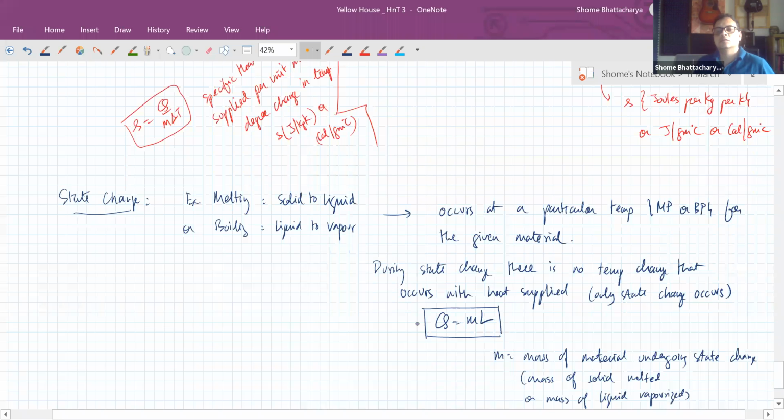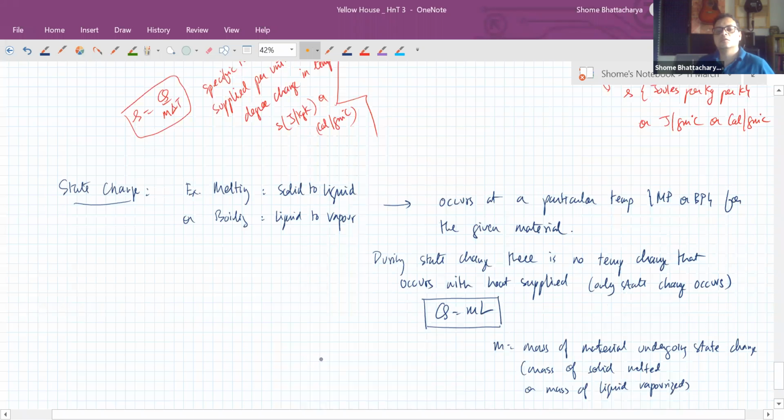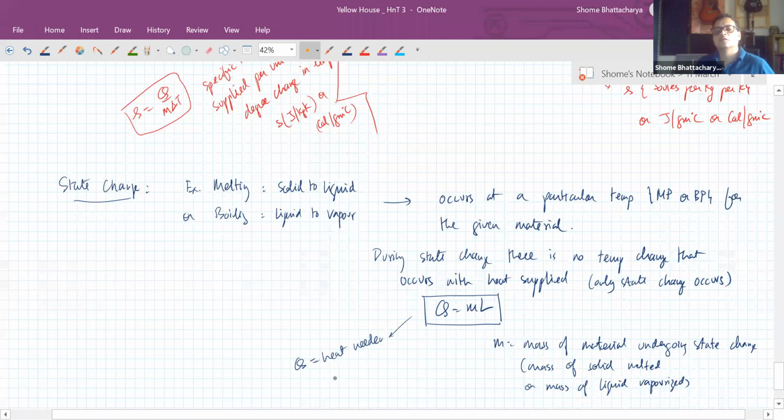Q is the heat needed to change the state of M mass.